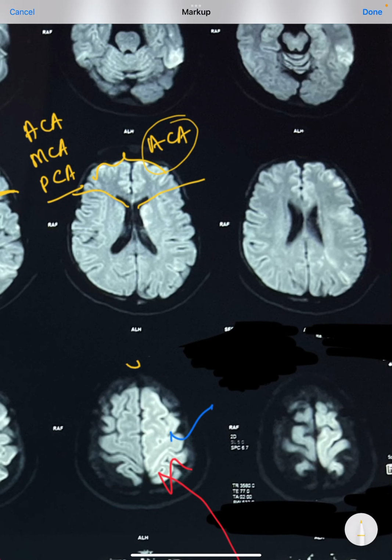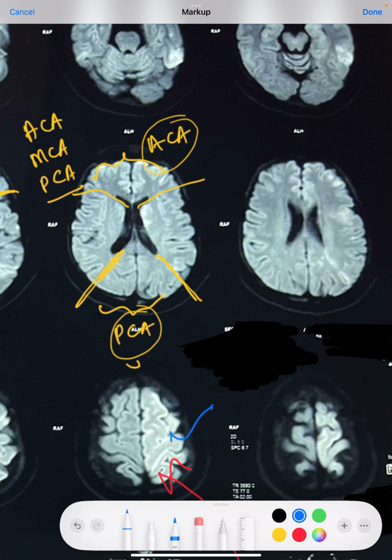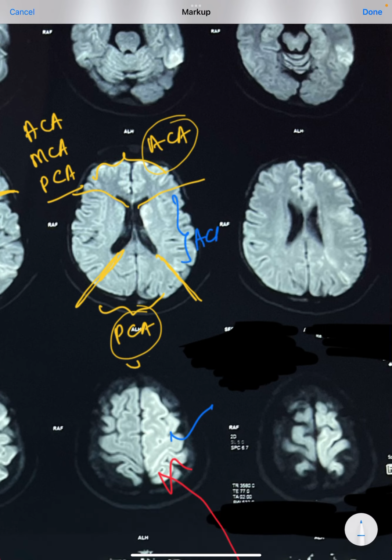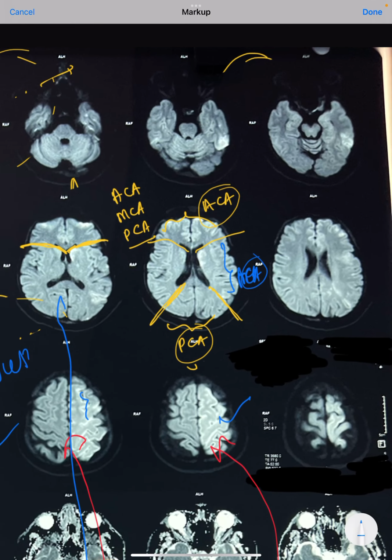Whereas if you draw a line from here, this area is all supplied by posterior cerebral artery, and the middle portion of it is supplied by middle cerebral artery, which is the largest artery. So on an average, this is supplied by ACA, this is MCA, and this area is all PCA.